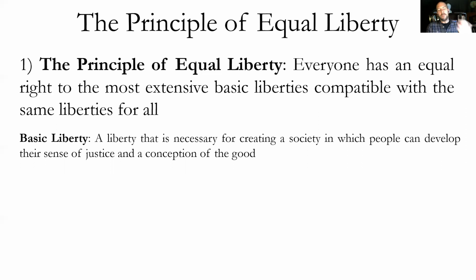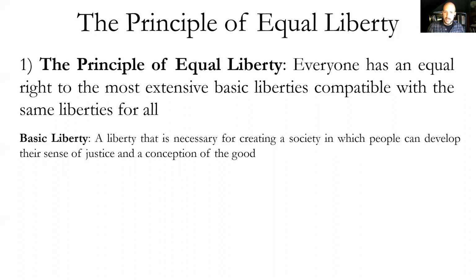And so a basic liberty is a liberty that's necessary for creating a society in which people can develop themselves so that they can develop a sense of justice, and so they can develop a conception of what a good life entails, right? So they can have a comprehensive view of things, of what's valuable and worthwhile in life, and of what's right and just.